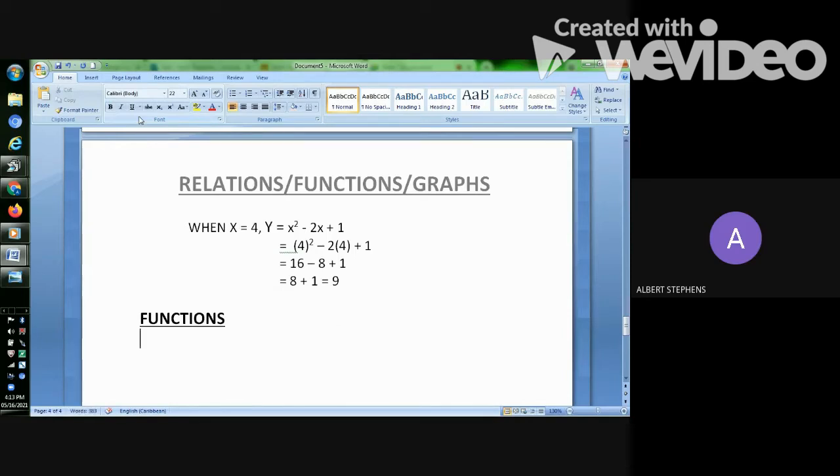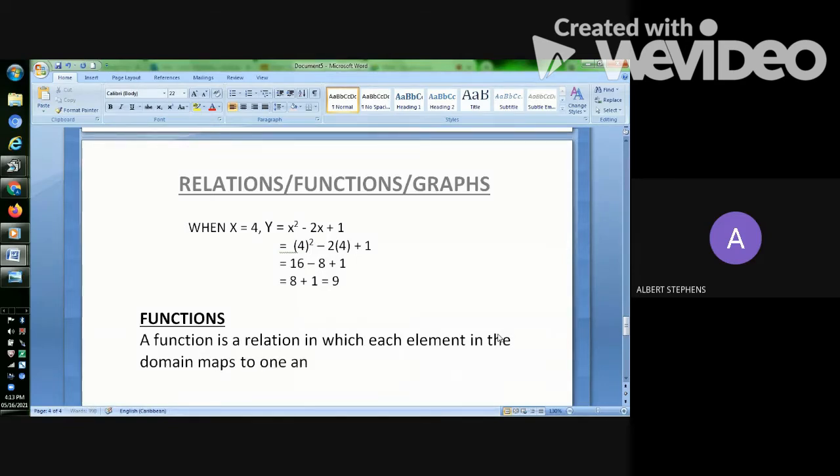Now, a function is a relation in which each element in the domain maps to one and only one element in the range.